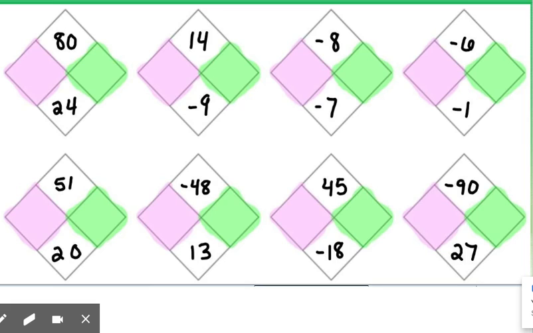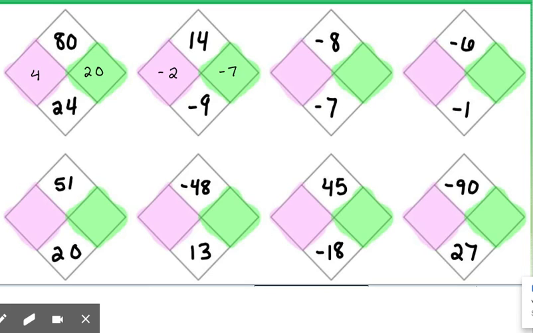All right. Here are our answers. For this first one, it is 4 times 20. 4 times 20 is 80. 4 plus 20 is 24. The second one, it's actually going to be negative times a negative. I need negative 2 and negative 7. Negative 2 times negative 7 is 14.